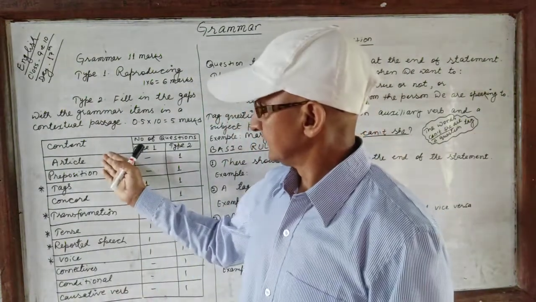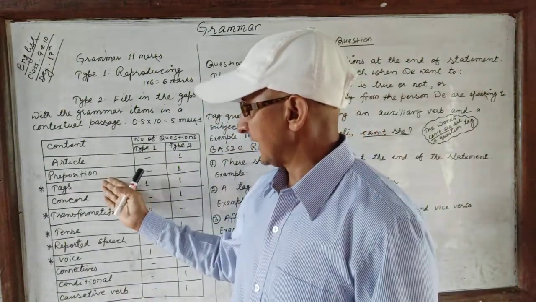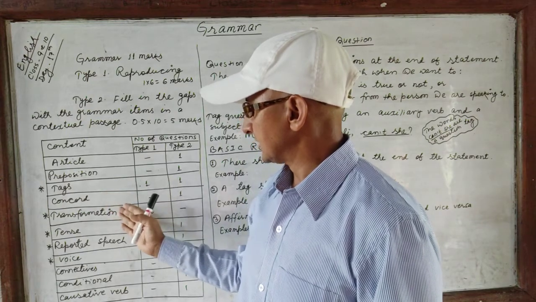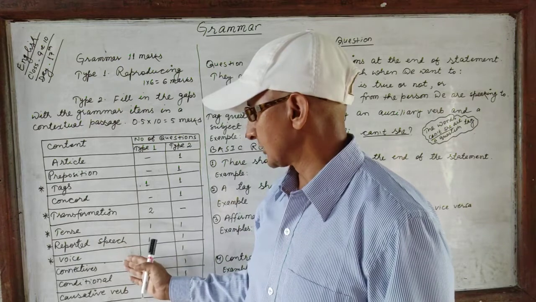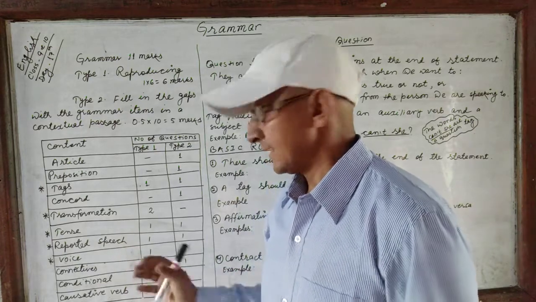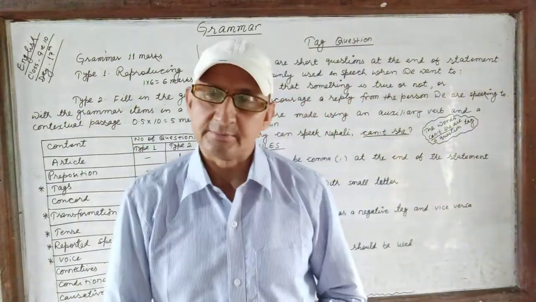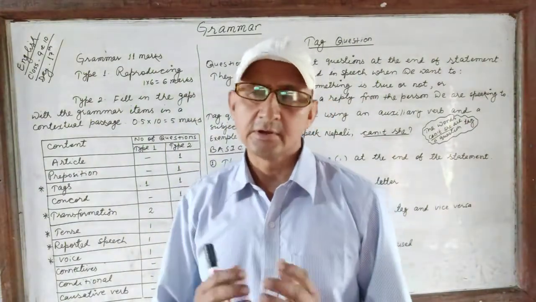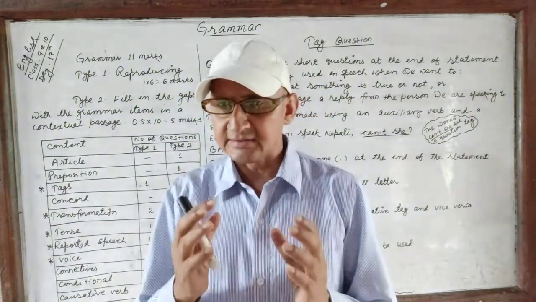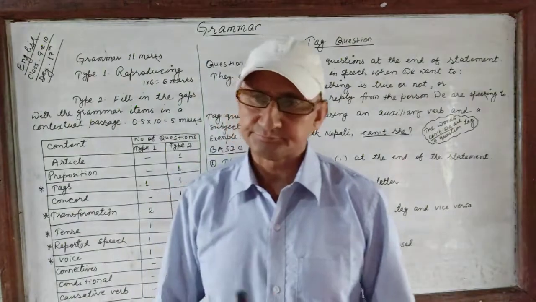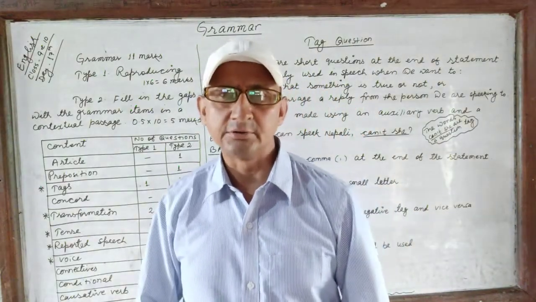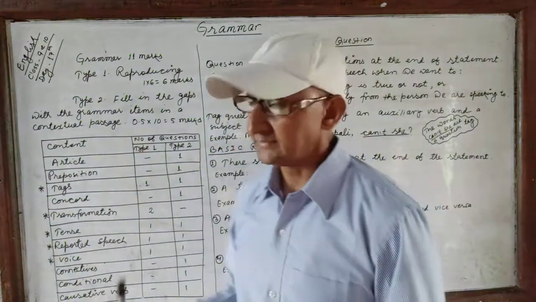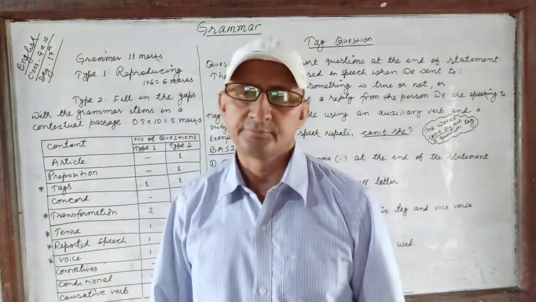Article, preposition, tag, concur, transformation, tense, reported speech, voice, connectives, conditional and causative verbs are the content of the grammar. These are the grammatical items you have to read. In the coming videos, we'll read all these contents.